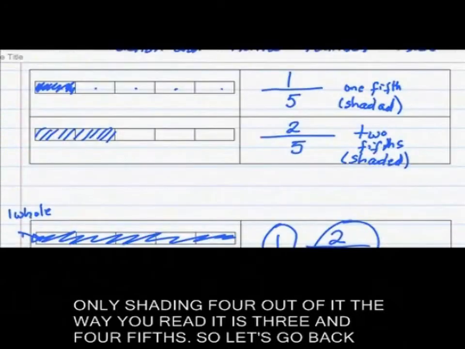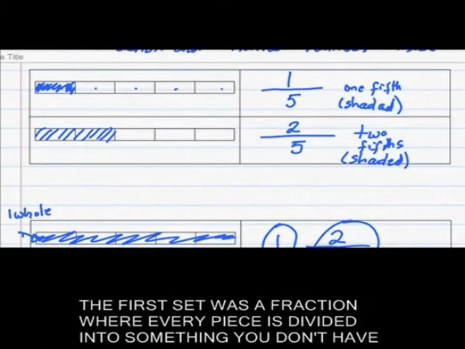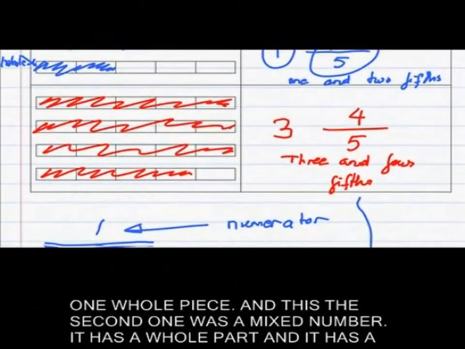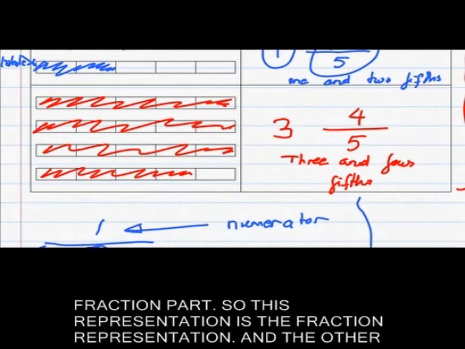So let's go back. The first set was a fraction where every piece is divided into something. You don't have one whole piece. And the second one was a mixed number. It has a whole part and it has a fraction part.